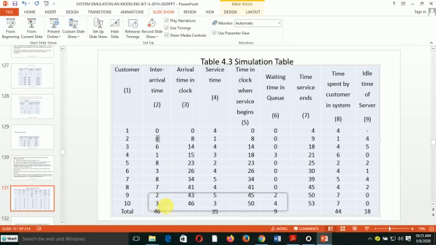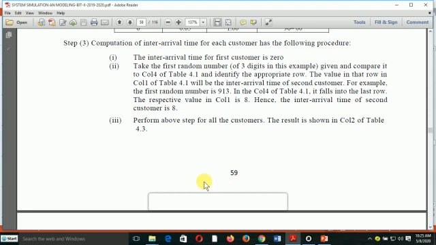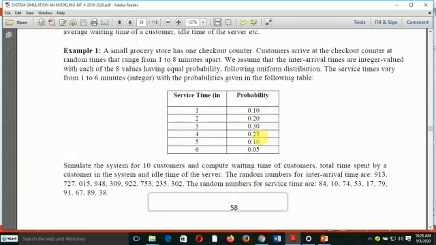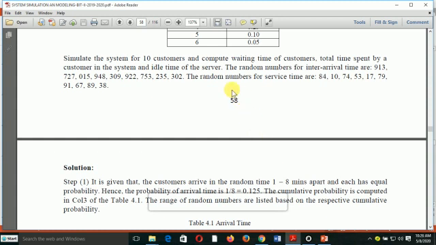I can check the last one. The last random number is 302.